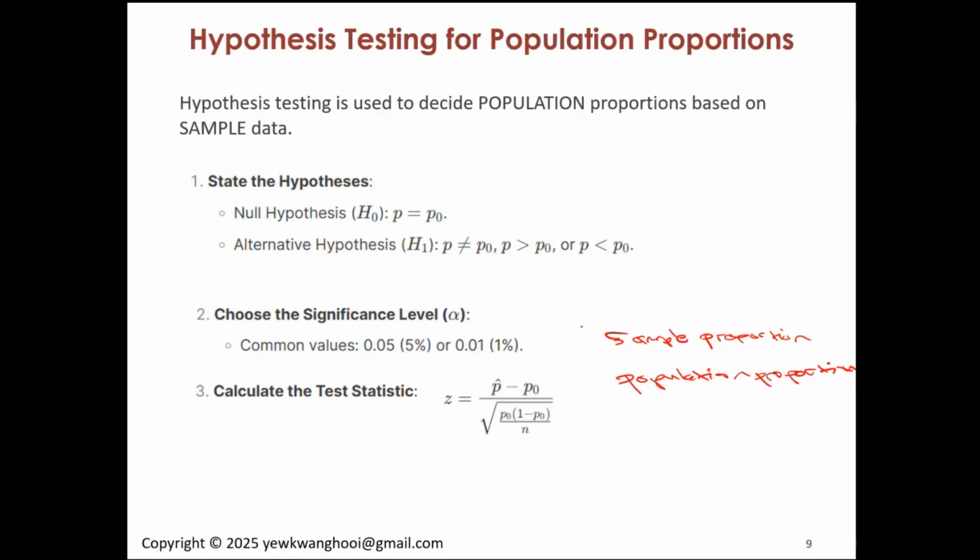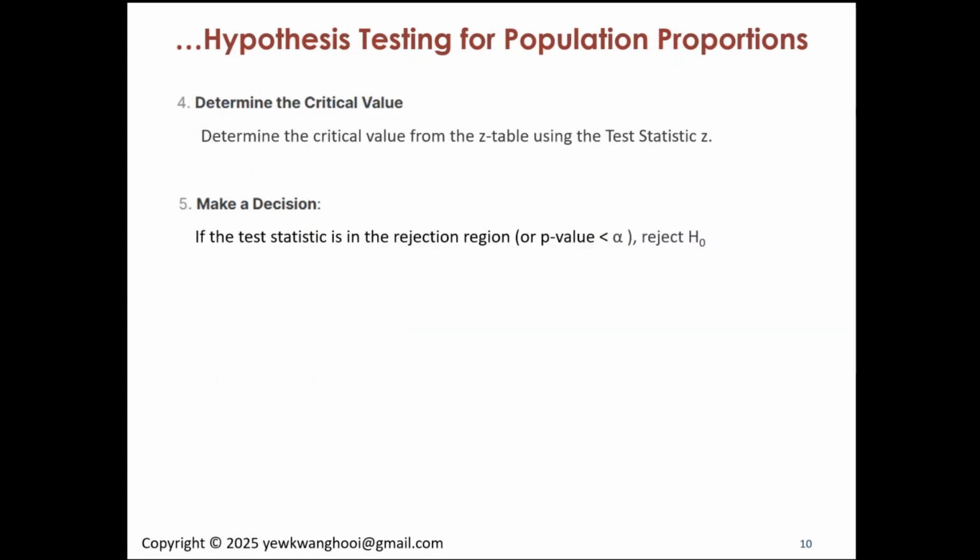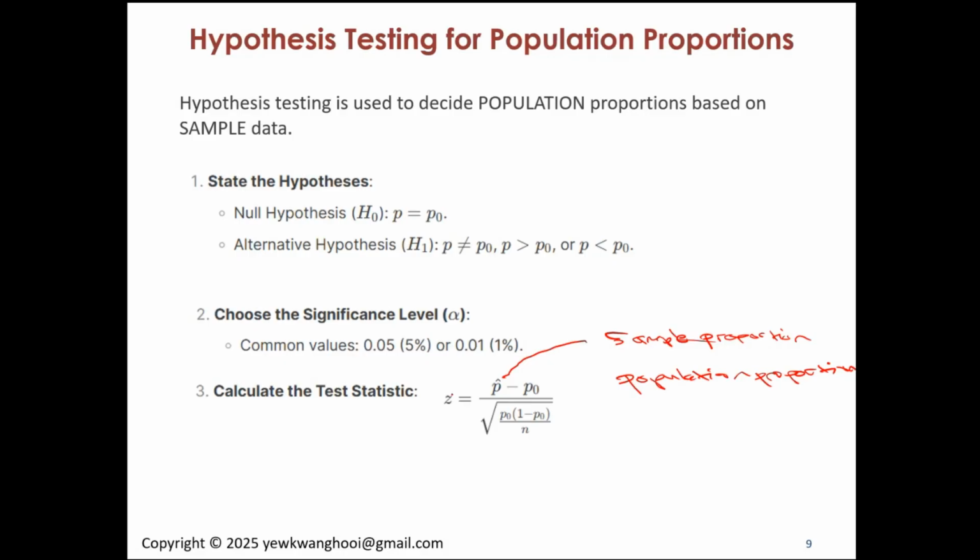Sample proportion refers to one, and then the population proportion is P0. So what is N? N is the sample size, not the population. So you must be careful with the words sample and proportion. Two different things.